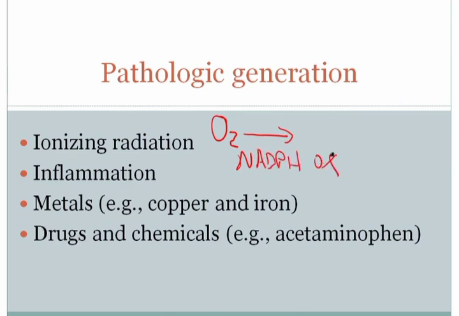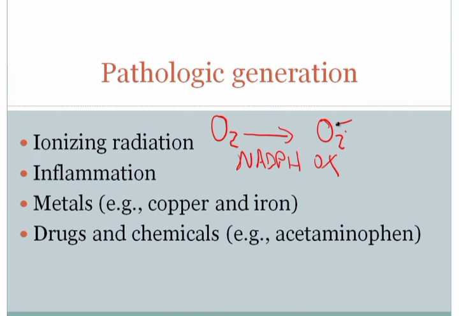oxidase. And NADPH oxidase takes oxygen and converts it to superoxide. And so that's the very first step. And superoxide will very quickly be converted by superoxide dismutase to hydrogen peroxide. And then hydrogen peroxide is converted by myeloperoxidase to form bleach, or HOCl. But we'll discuss the additional reactions later when we do our chapter or section on inflammation.